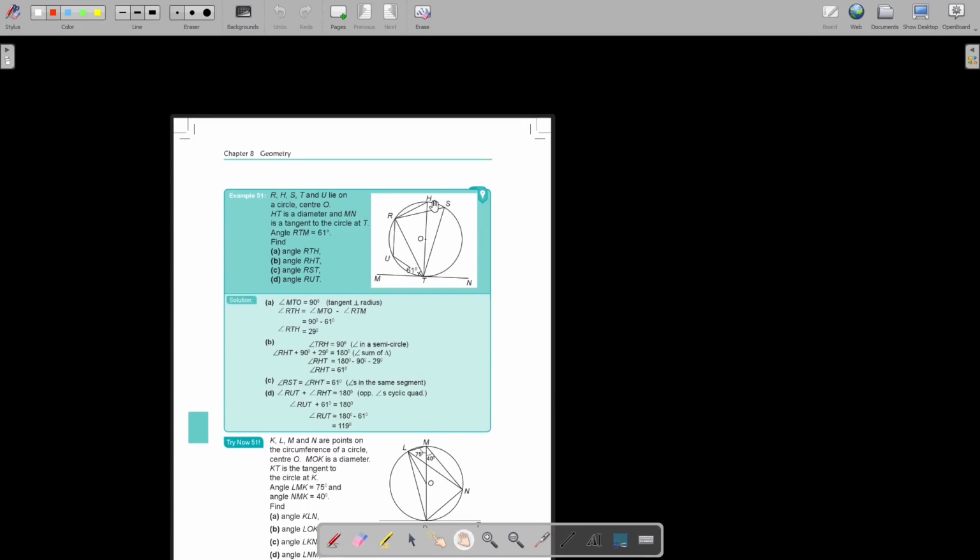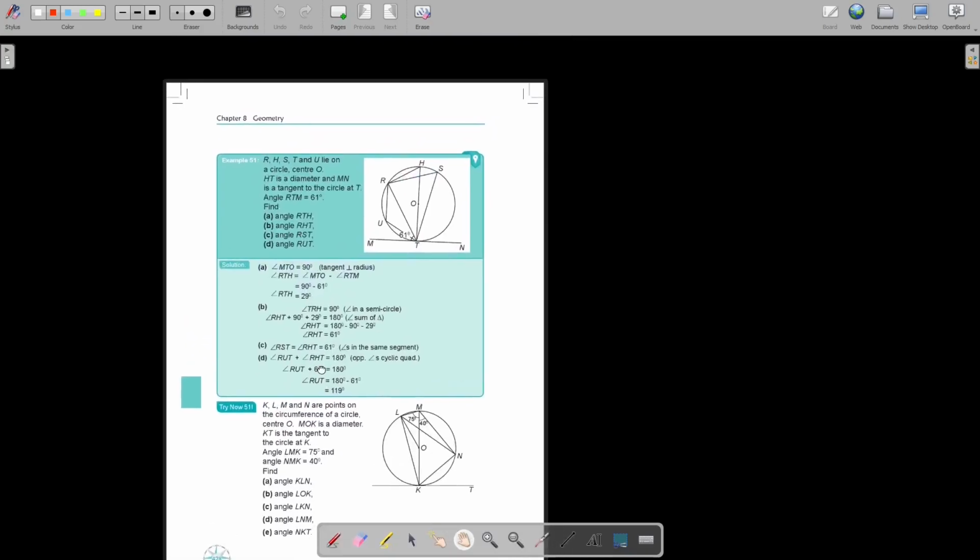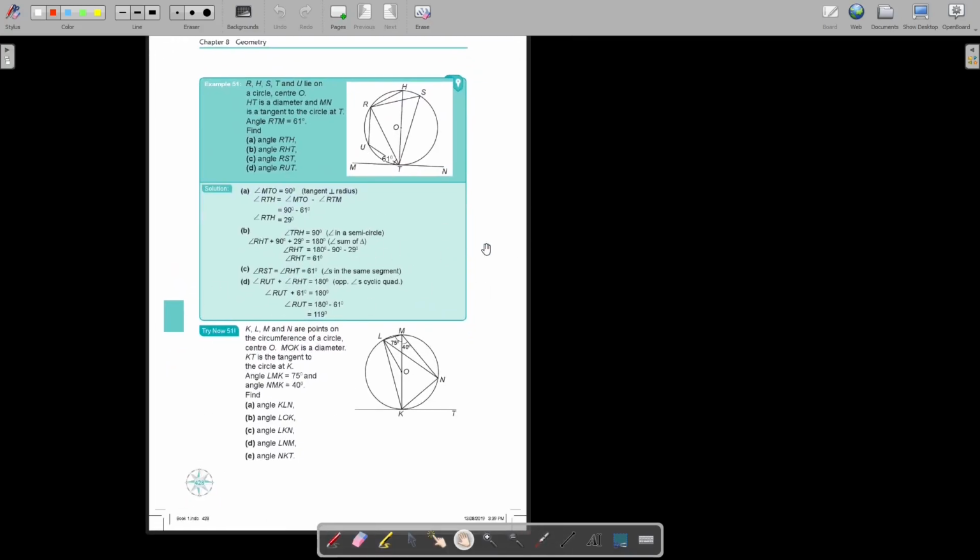You search first for angles in the same segment. Is there angles in the same segment? No. And then you run through all 6 and you mark it. But please also don't forget that you know your basic geometry angles, like angles of a triangle add up to 180 and things like that. So page 4 to 8, if you want to practice it a little bit more.